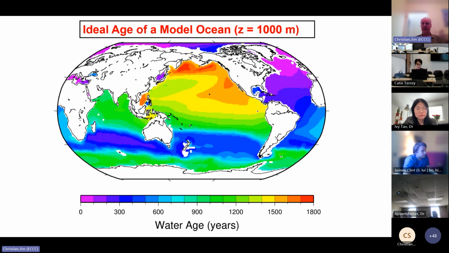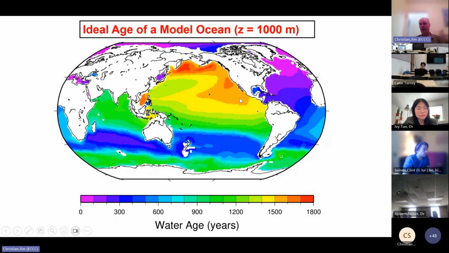You can see that the age of the water in the North Atlantic is much younger than at comparable latitudes in the North Pacific. You can also see the signature of recent ventilation in the mid-latitudes of the Southern Ocean. But in the North Pacific, the water is very old. I don't want to say stagnant, but it's the oldest water in the world ocean since last contact with the atmosphere.